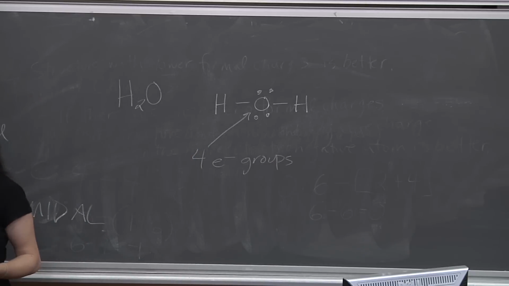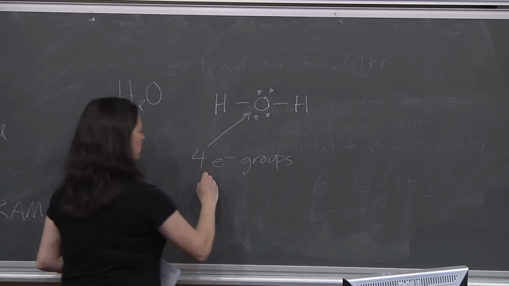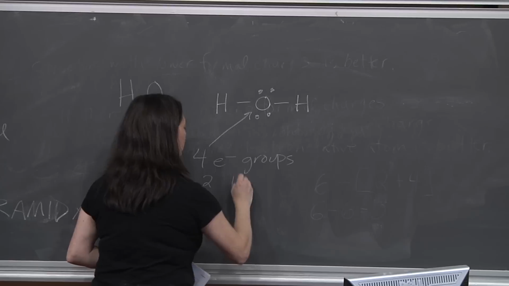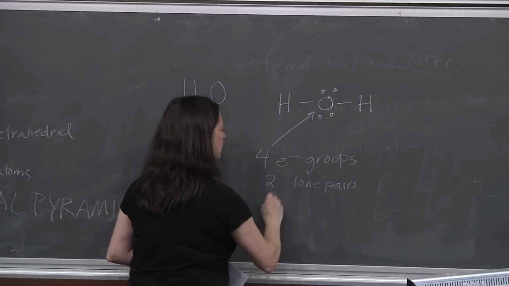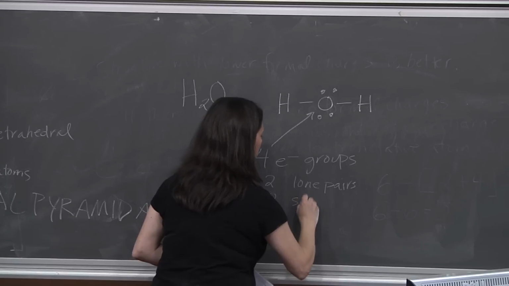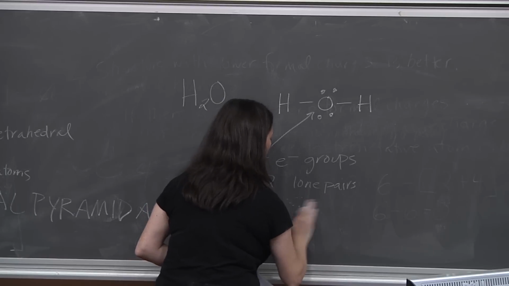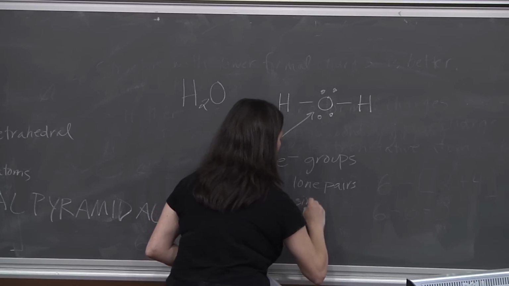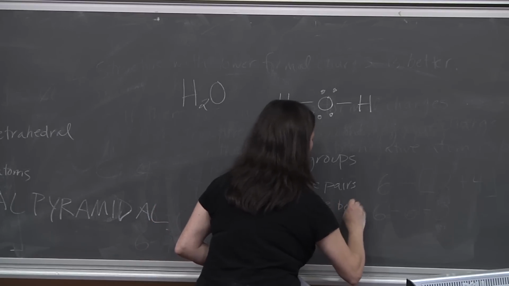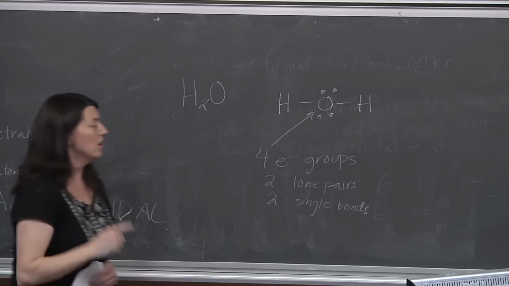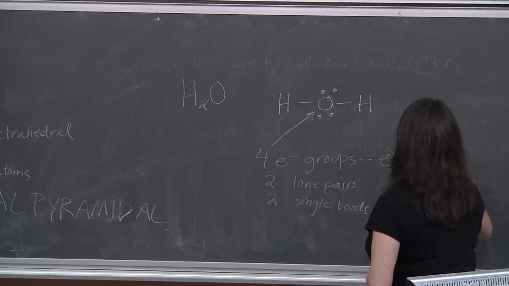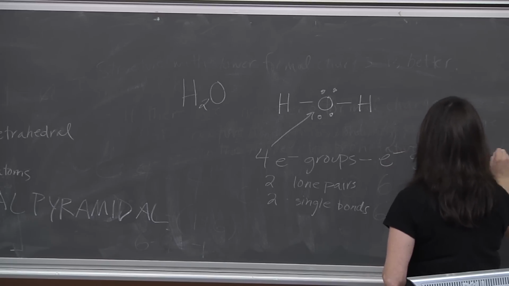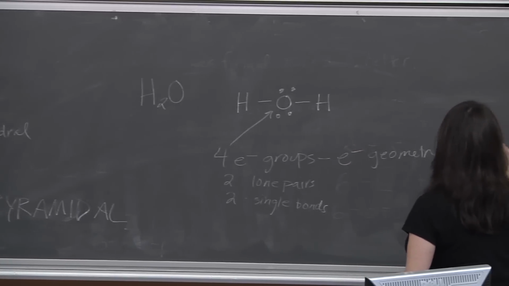Okay, so electron groups on O. Again, it's 4 electron groups. Where am I getting 4 from? Well, there are 2 sets of lone pairs, and then there are 2, in this case, single bonds. So 4 electron groups means the electron geometry is still tetrahedral.